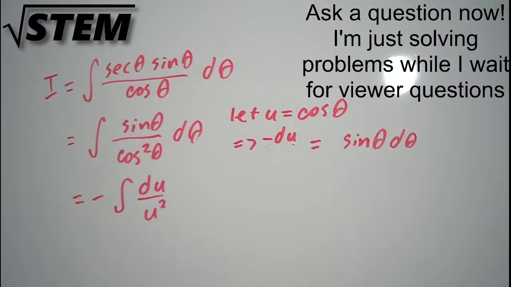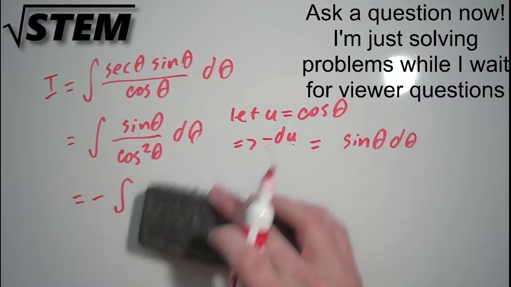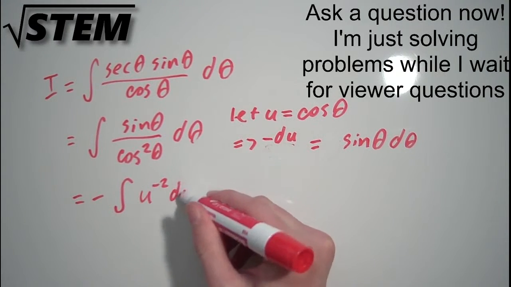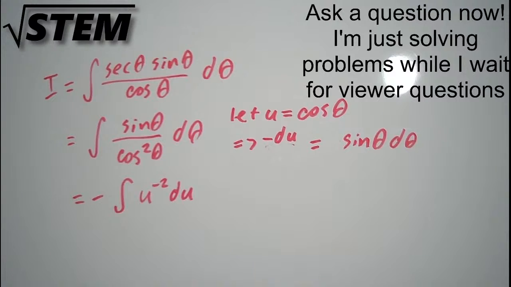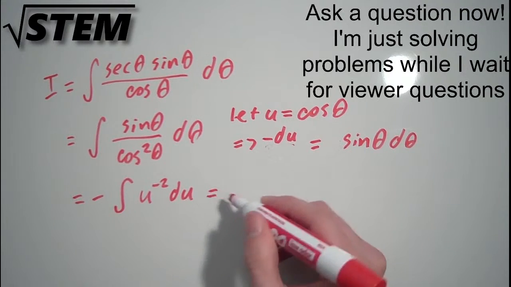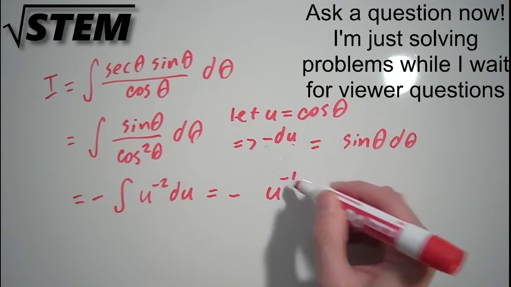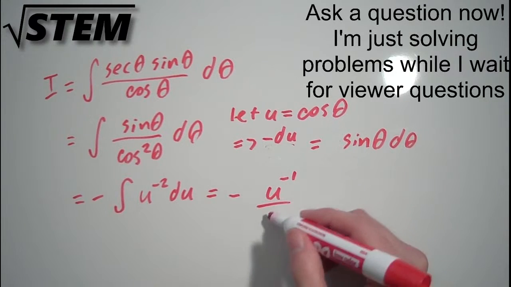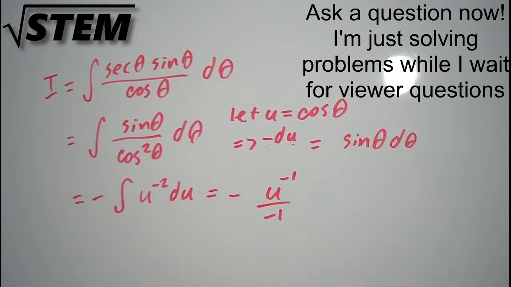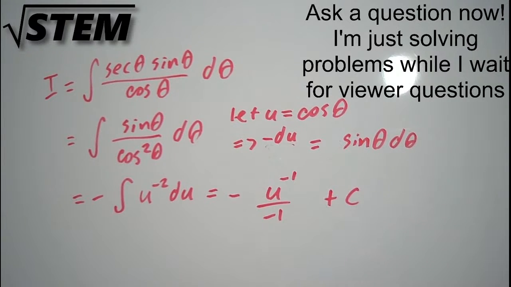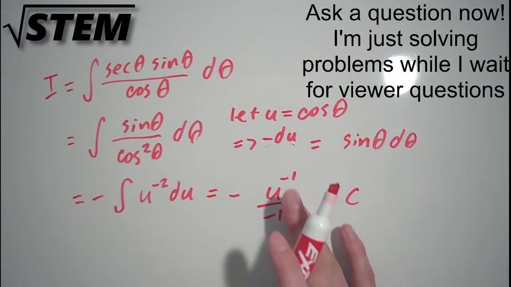Or, if we rewrite that, that would be u to the negative 2 du. And then we just use our power rule. So that's negative. We raise that to the negative first, and then divide by negative 1. And since we're evaluating an indefinite integral, we get a plus c. This negative and this negative will cancel out.